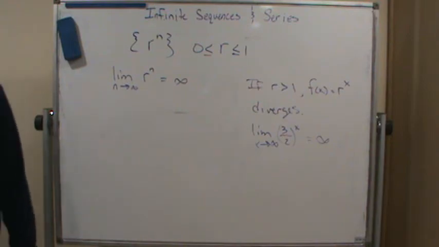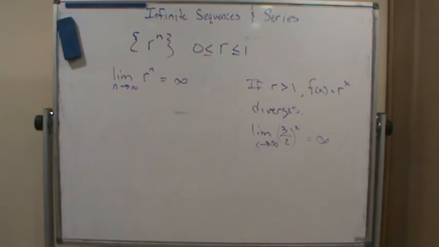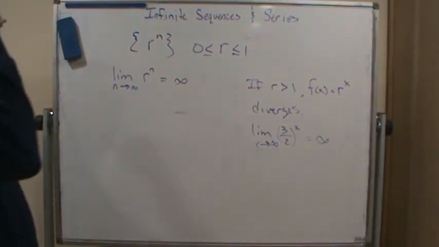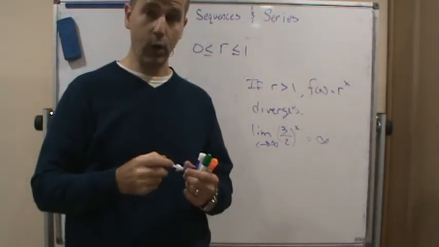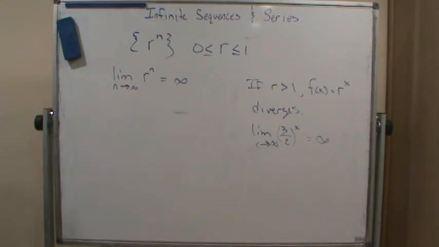So we can still conclude that the sequence r sub n diverges for values of r that are bigger than 1.